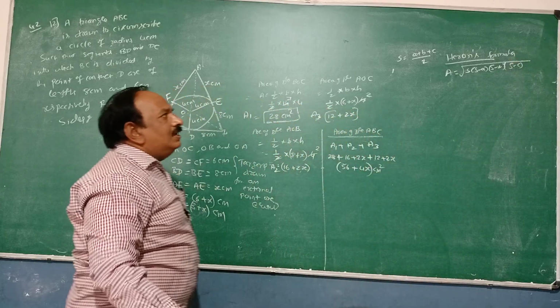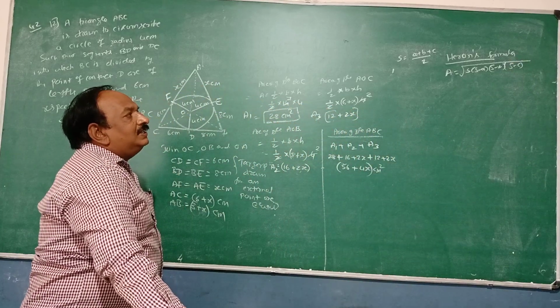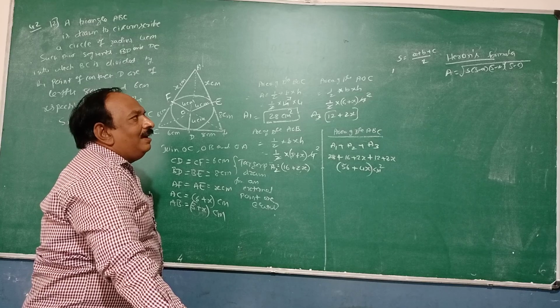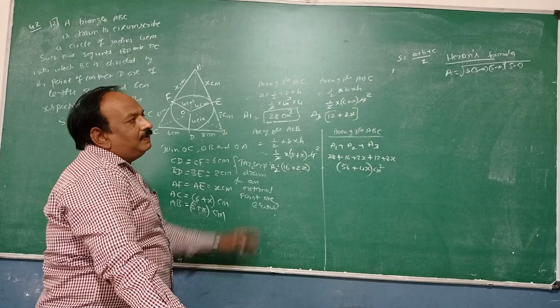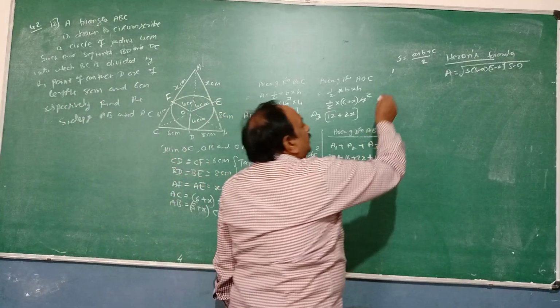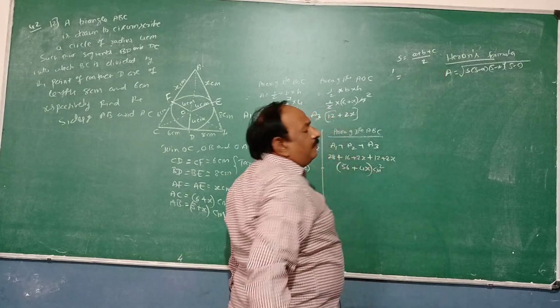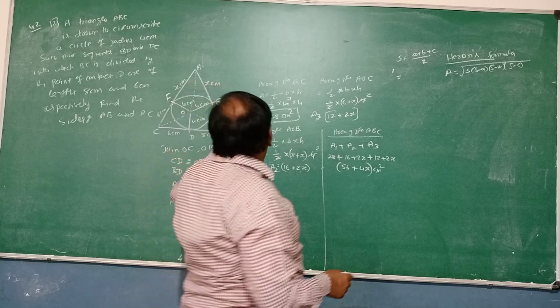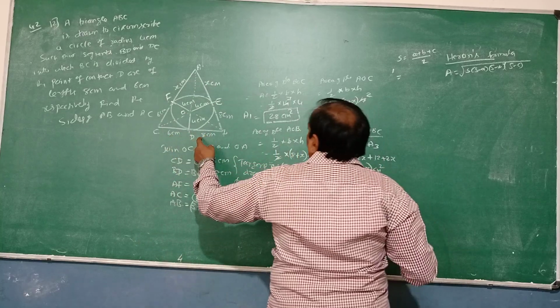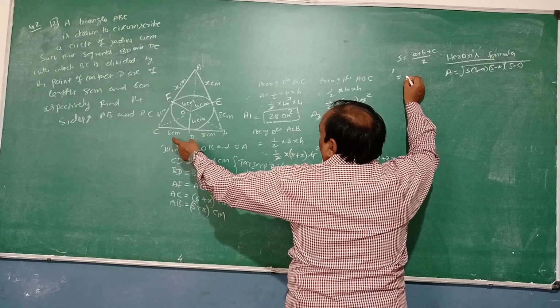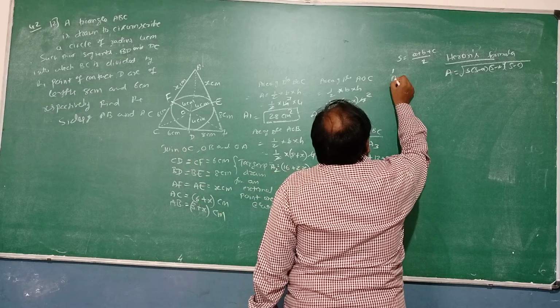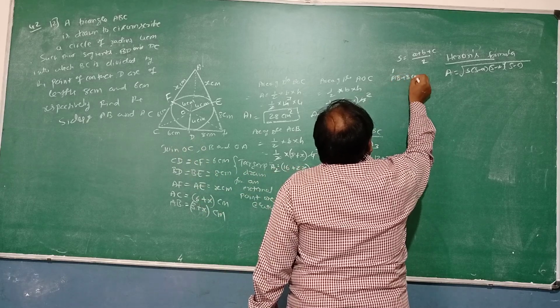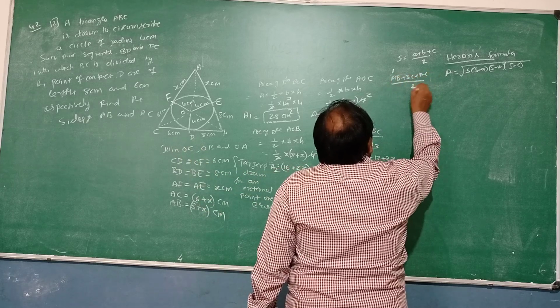We call it Heron's formula. S is half of the perimeter, a plus b plus c by 2. What is a? AB plus BC plus AC divided by 2.